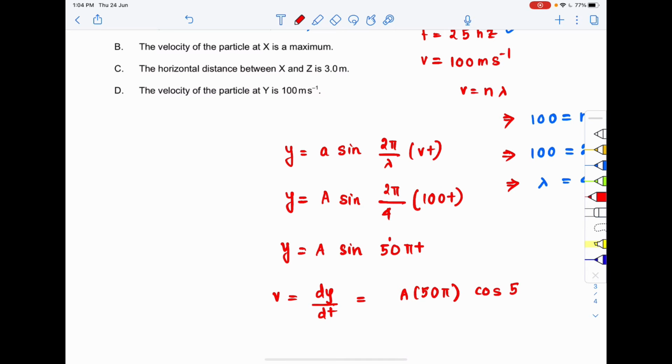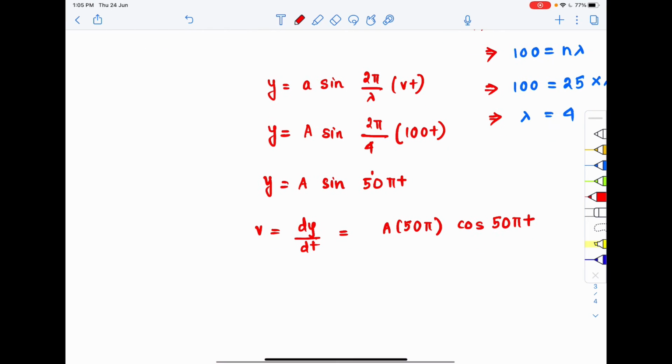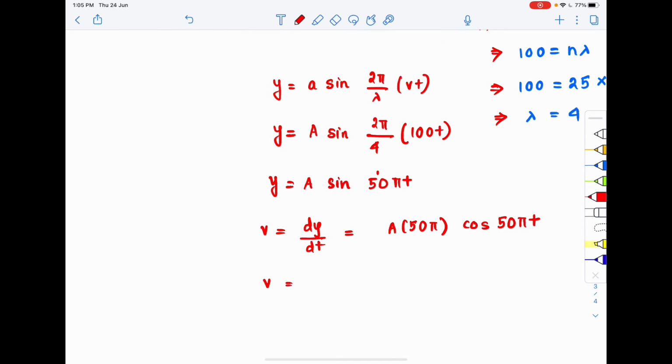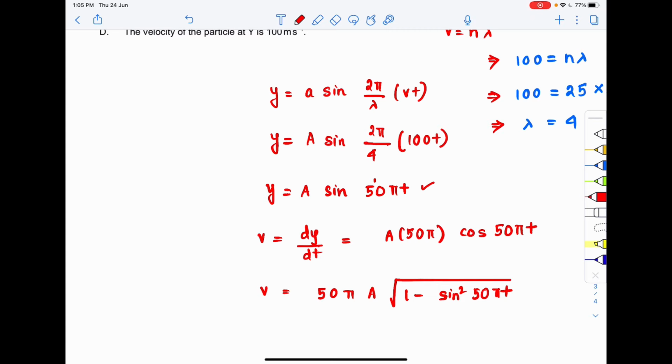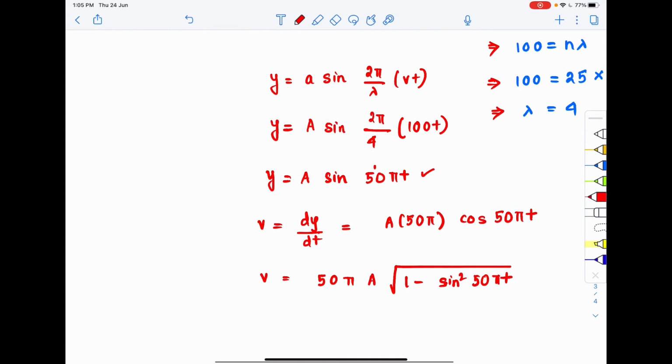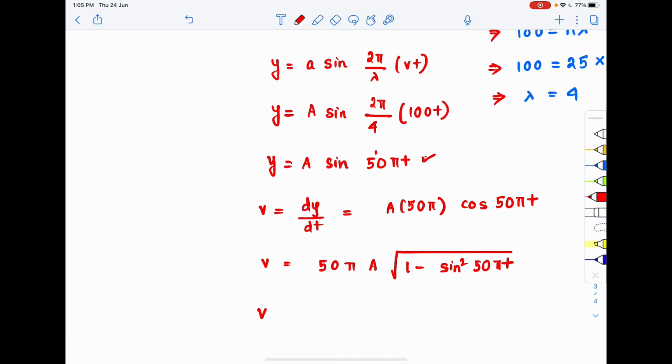Velocity is dy/dt, so velocity is 50πA cos 50πt. So velocity equals 50πA times cos 50πt, and cos 50πt can be written as root of 1 minus sin² 50πt. Sin 50πt is y by A from this equation. So velocity equals 50πA root of 1 minus (y/A) whole square.